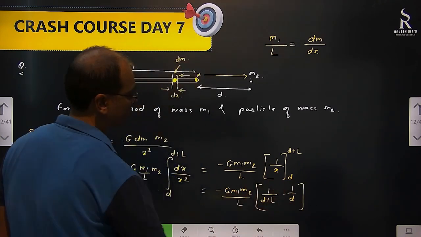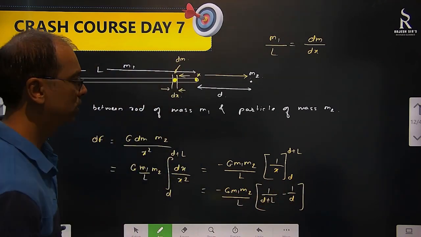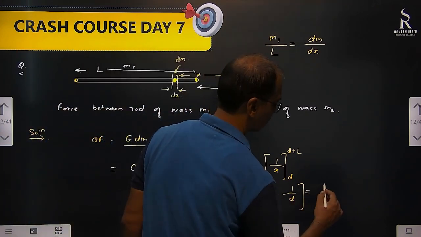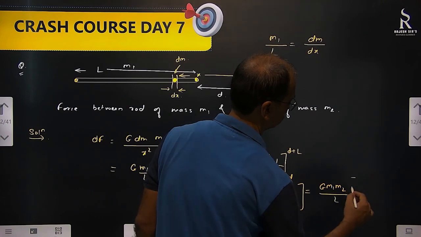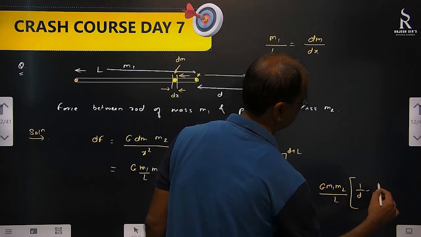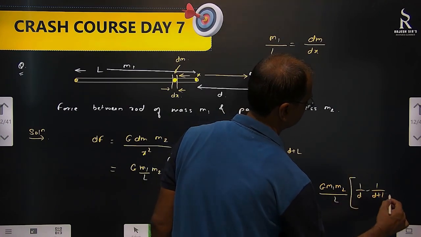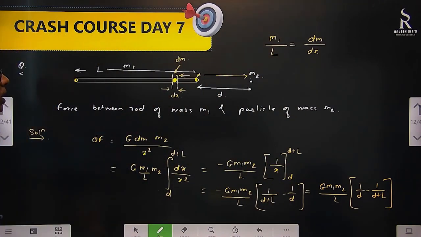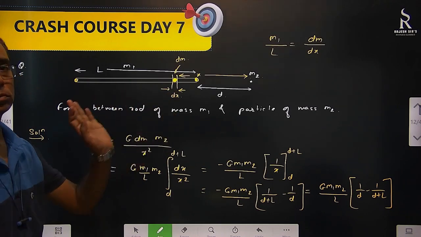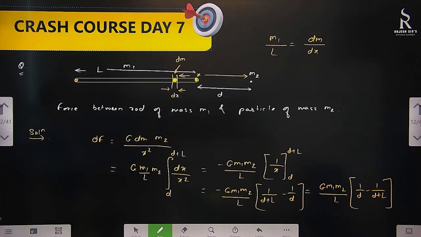Now multiply this negative inside, so this changes into G M1 M2 by L into 1 by d minus 1 by d plus L. That is it. So this way we can find the force due to uniform objects also. Correct? Right?